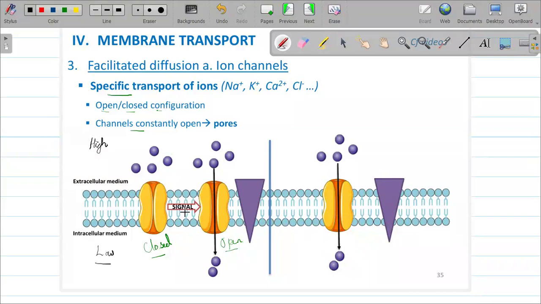As per the rule of osmosis, you all know, molecules always move from higher concentration to lower concentration through a semipermeable membrane. But in this case, the molecules move from higher to lower concentration only after getting a signal in the case of gated transport proteins. Here, in the case of closed transport proteins, they open only after getting a signal. But this one is completely open type, and always remains open through tiny pores.